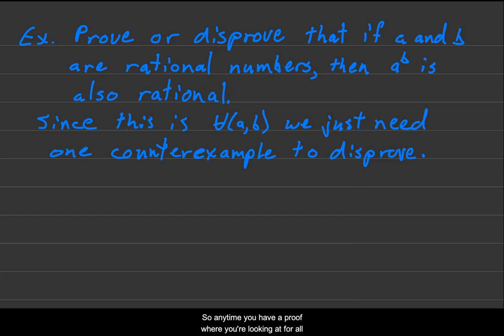So anytime you have a proof where you're looking at for all, you have to do is show that it does not work for one particular example, and that's a counterexample to disprove the entire thing.